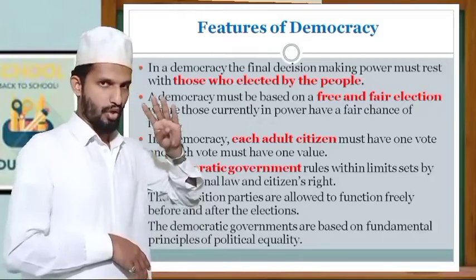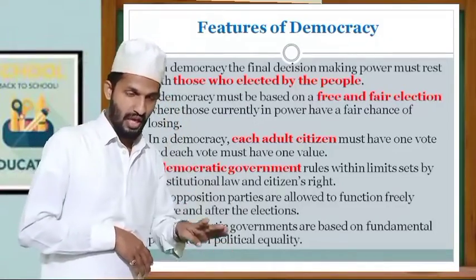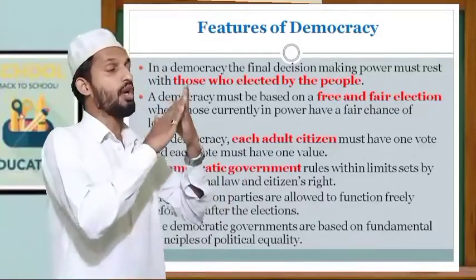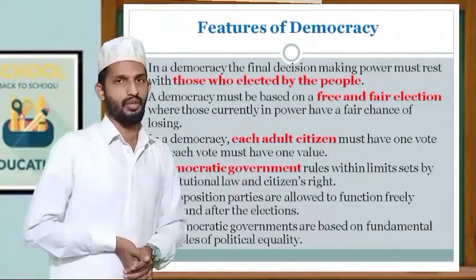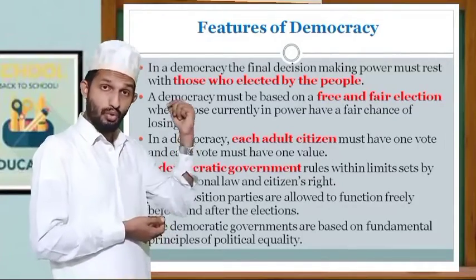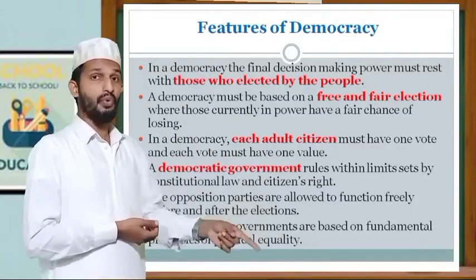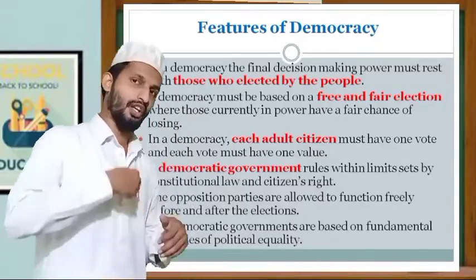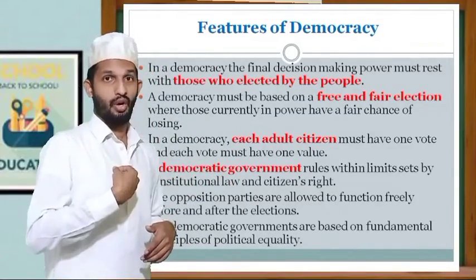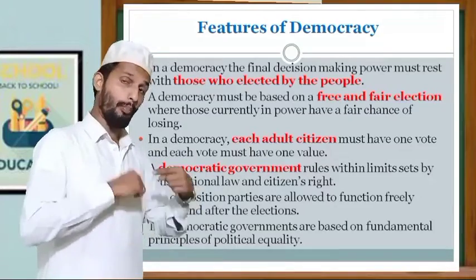So we have arrived at 4 questions and already replied with the answers. And also we studied 4 features of democracy. And the fifth one is, the opposition parties are allowed to function freely before and after the election. So there is a chance not only for the government or ruling party, but the opposition also.